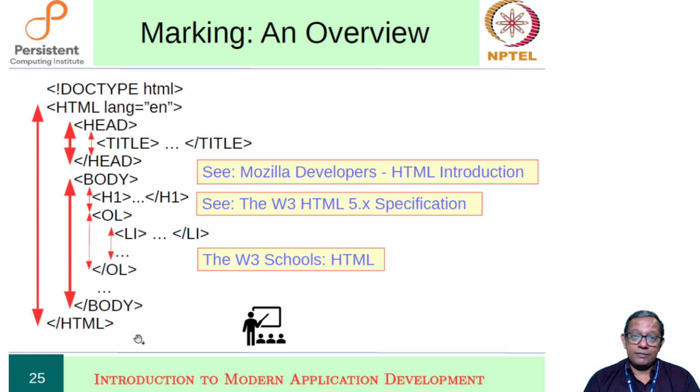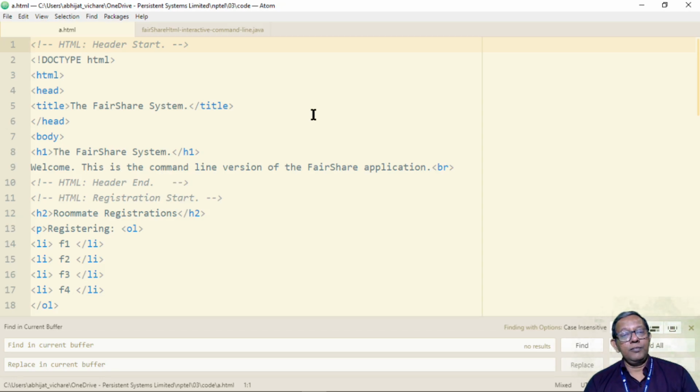Before we leave, let us have a look at a web page. Here is a web page that is generated by one of our fair share programs. Let me take you step by step through this entire page.